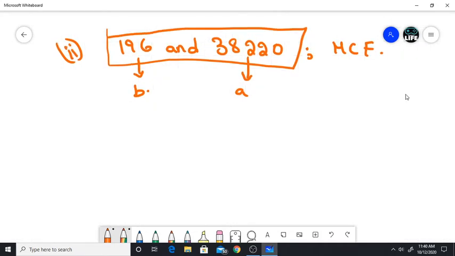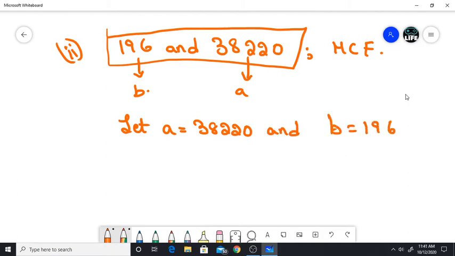So let A equals to 38,220 and B equals to 196. Simple.